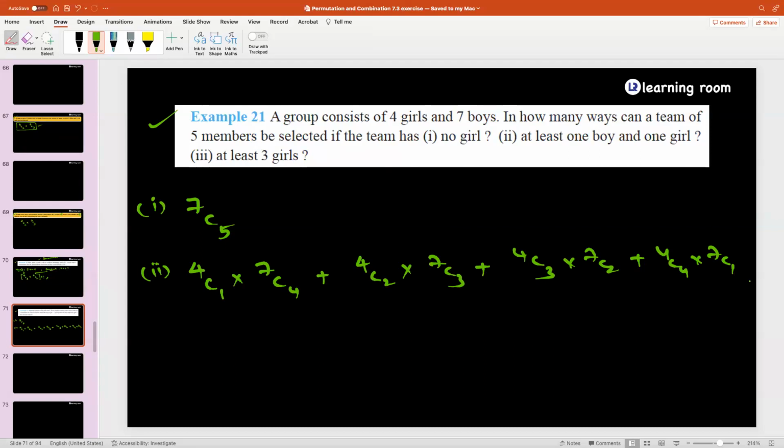So you talk about the group, right? Boy 1 and boy 2, or boy 2 and boy 1, order is not important. So it falls under combination. So third, at least 3 girls.